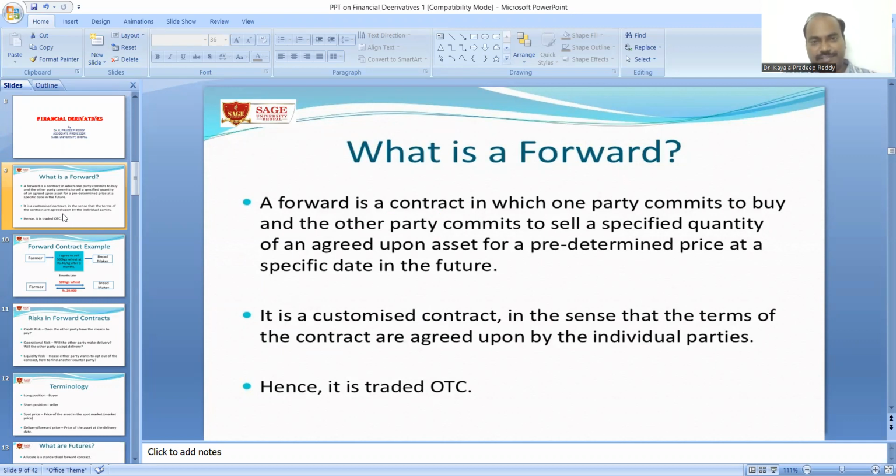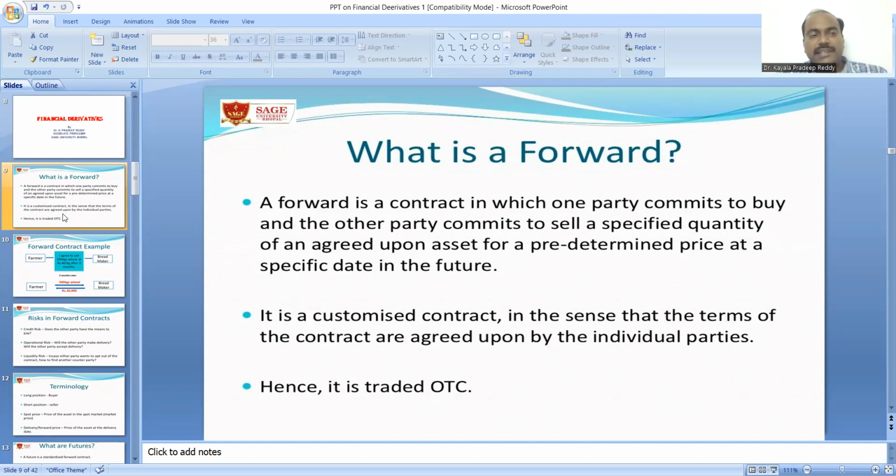So what is a forward? A forward, or we can call it a forward contract, is a contract in which one party commits to buy and the other party commits to sell a specified quantity of an agreed upon asset for a predetermined price at a specific date in the future. That means two parties come together to enter into the contract.